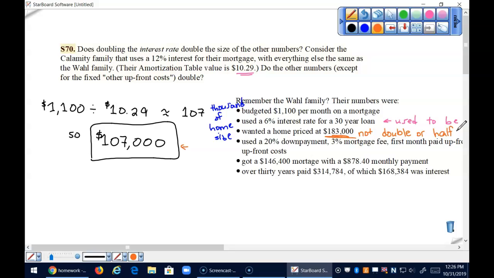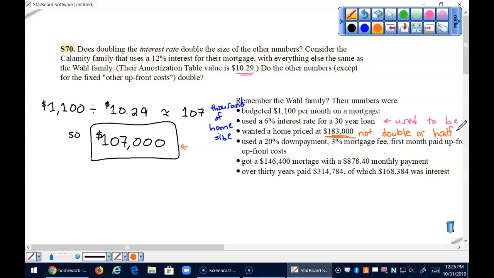So when you divide, you're not going to get half of the 183. So I could already stop and just say no to this problem. If you double the interest rate, it doesn't double the size of the other things. You might actually expect it to halve the size of the other things, but it doesn't do that either.